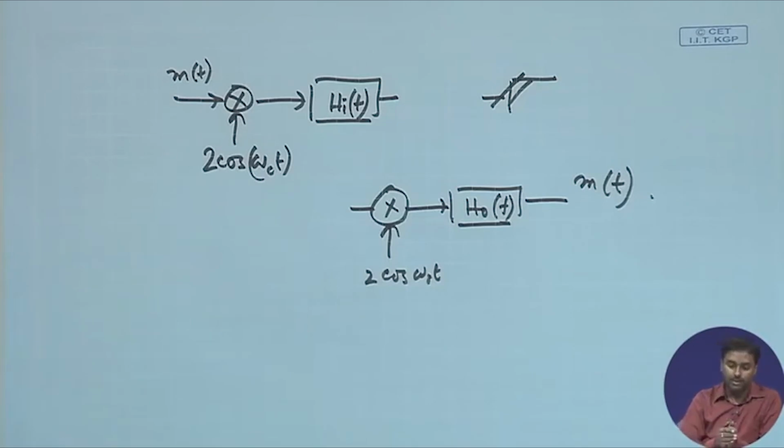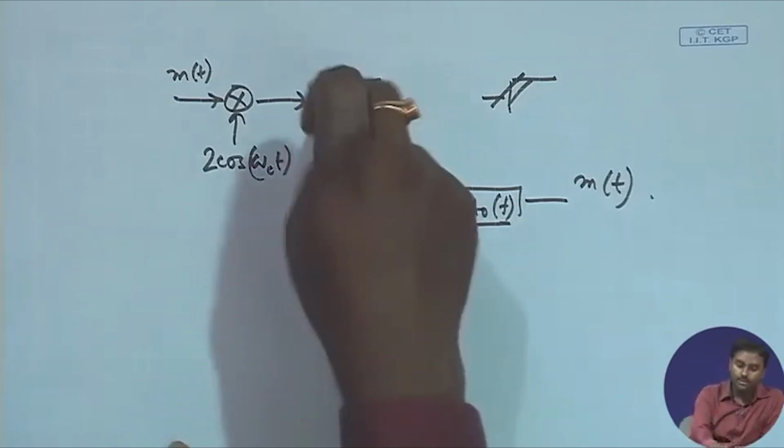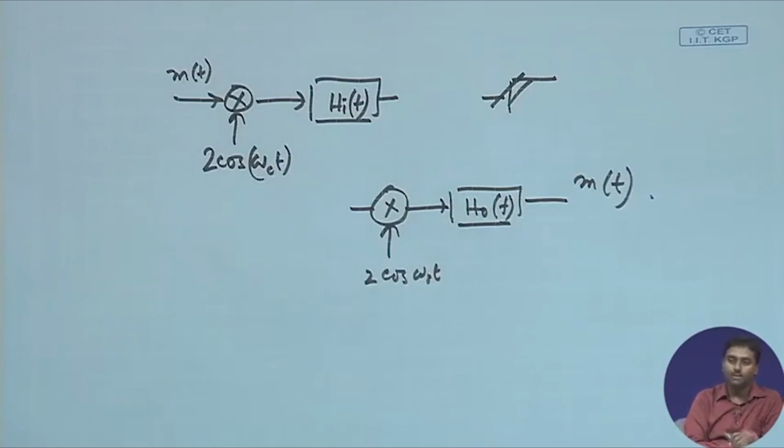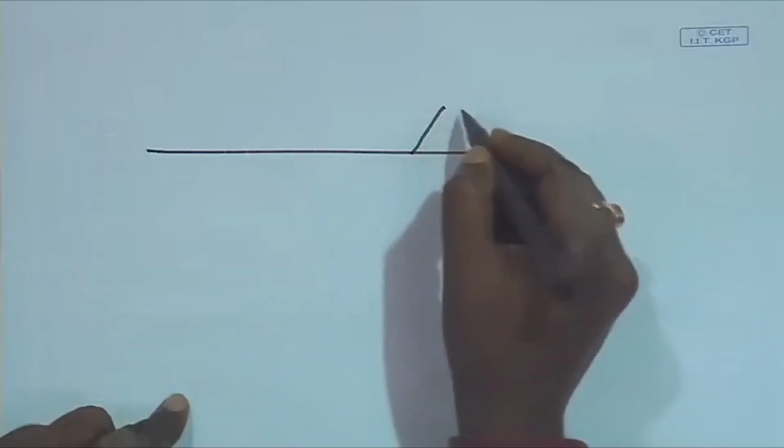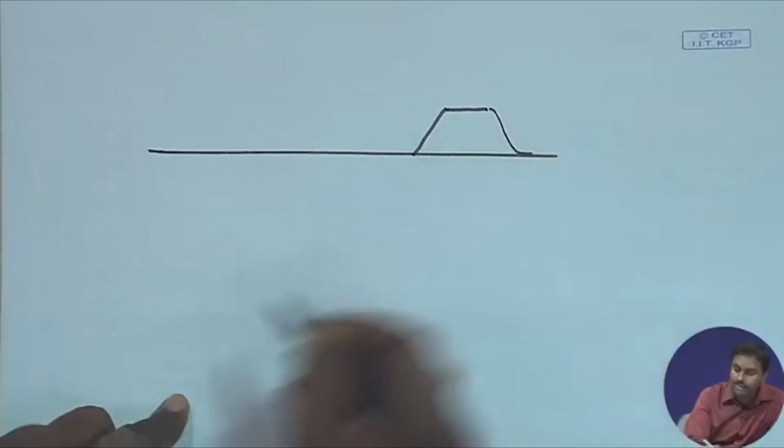It's pretty simple. The only thing is that this filter has to be very carefully designed, the way we have demonstrated in the earlier case, so that H_I(f plus fc) and H_I(f minus fc) give me 1 in all the places. Beyond that it is not that much required. Whenever you are designing that filter, you can always say that I need to have this, after that it can have any roll off.